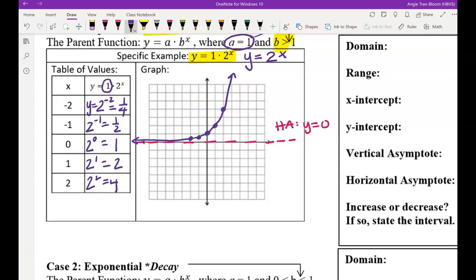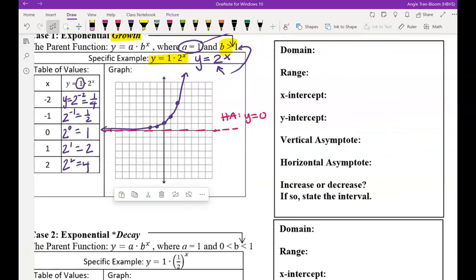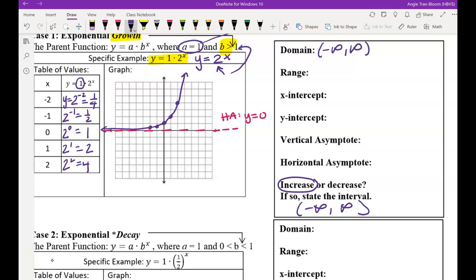Since your b value is bigger than 1, this is increasing since it is growing. So when it asks increase or decrease, we want to say increase right there. It increases from negative infinity to positive infinity, because that's also the domain of our exponential graph here. If you like to write all real numbers, we will also accept that.